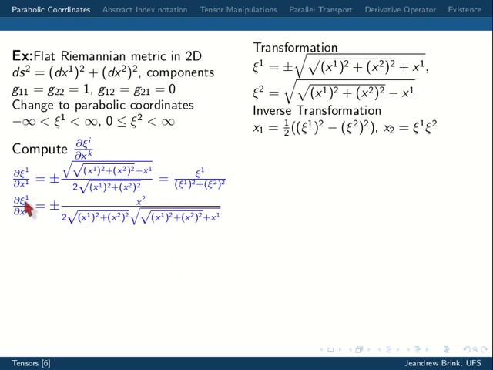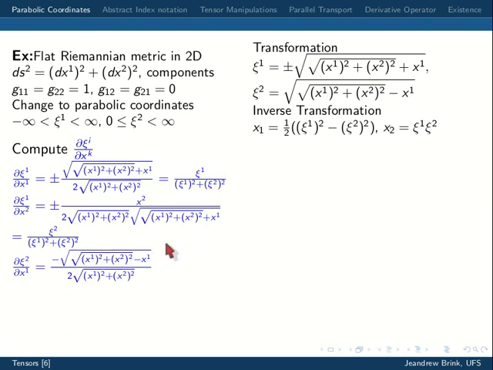Okay, here's dx1, dx2, also just differentiating this thing with respect to x2, and then once again I write it as xc2 over the squares. I simply use expressions for these and write it in terms of the new coordinates.